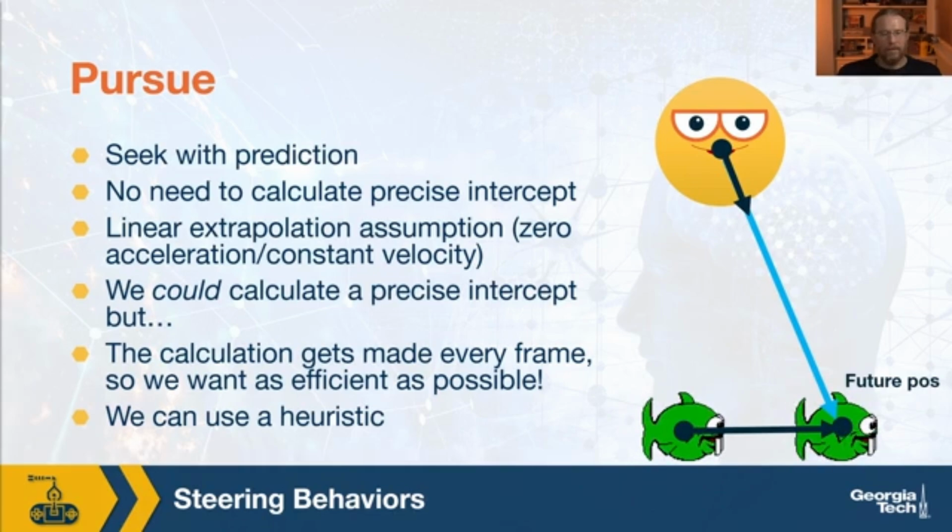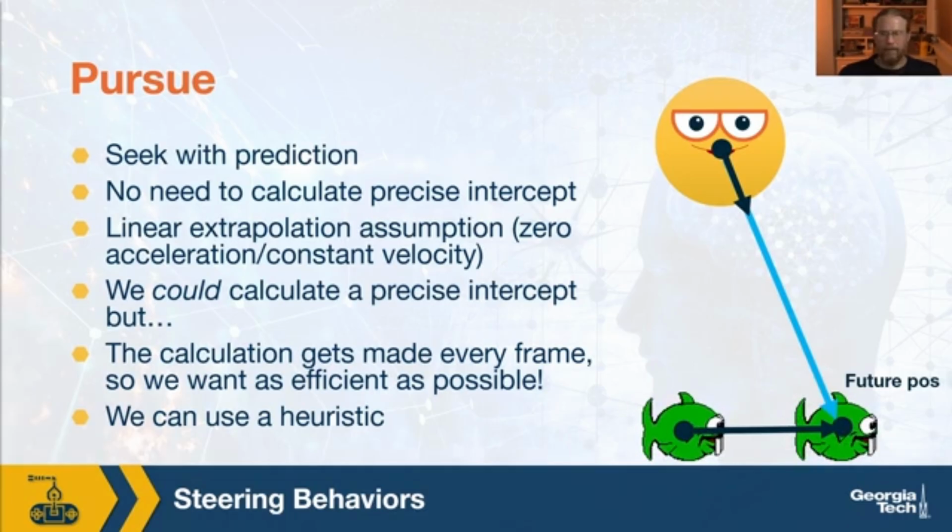The other thing we're going to do is, rather than calculating a precise intercept, which we could do with the constant velocity, figuring out exactly where our agent should be aiming, we don't need to do that.